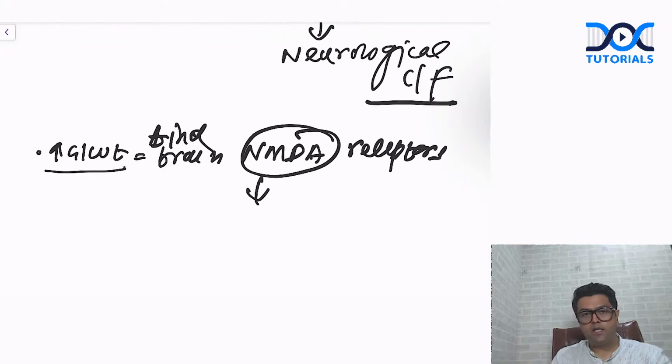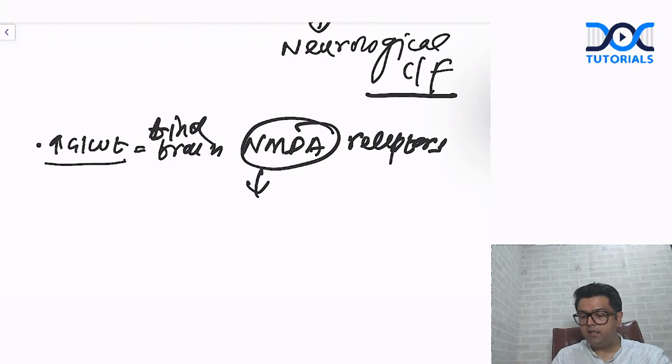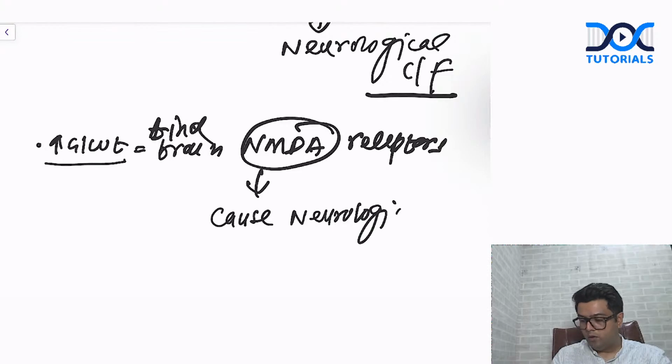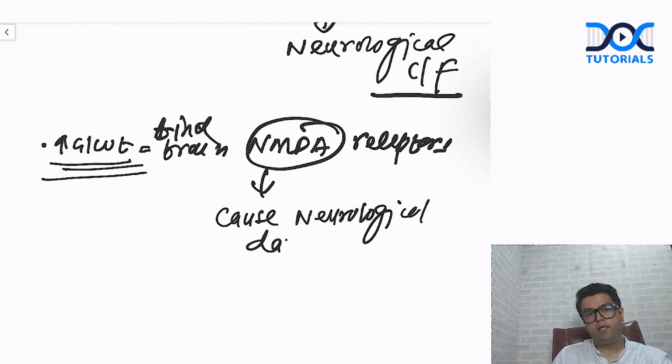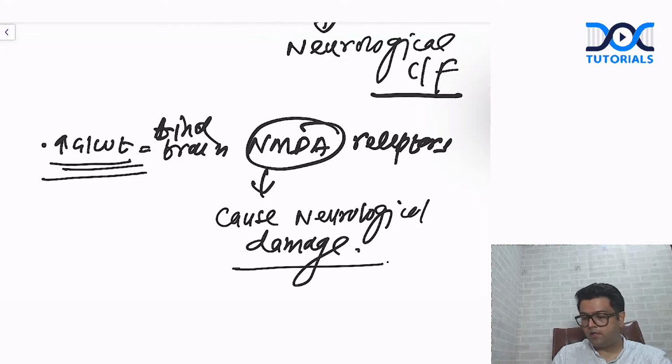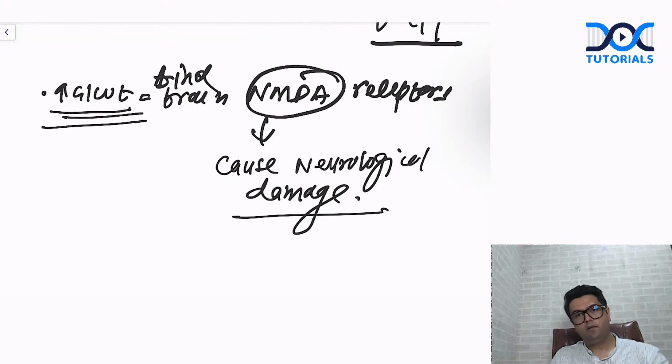I'm not going into those details, but it binds NMDA receptors and causes excess neurological damage, right? So hope you understood this point. That's all about why ammonia is toxic to the human brain.